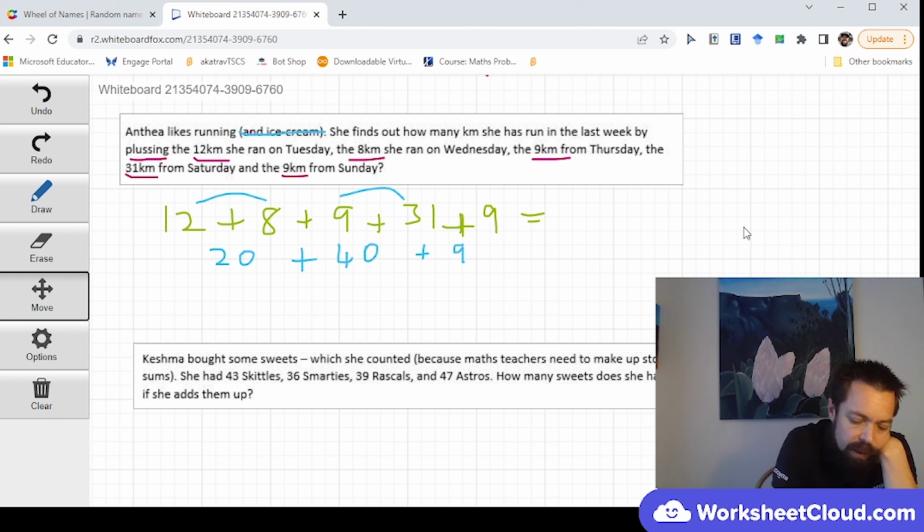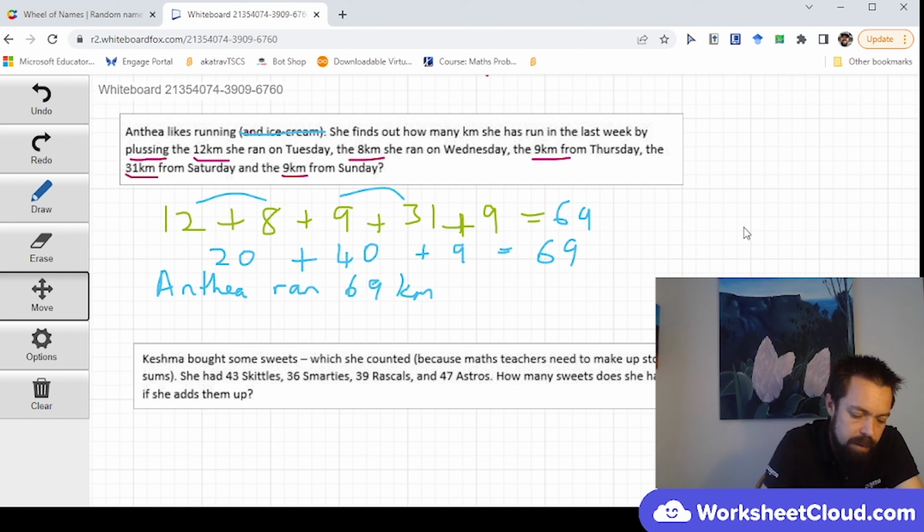And then I've just got a 9 left. And 20 plus 40 is 60 plus 9 is 69. How easy was that? All right, and because it's a word sentence, we have to say Anthea ran 69 kilometers last week.